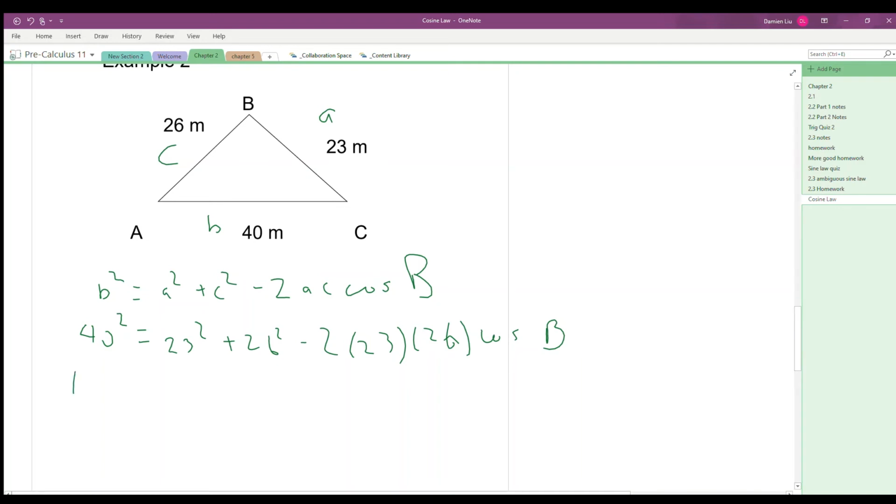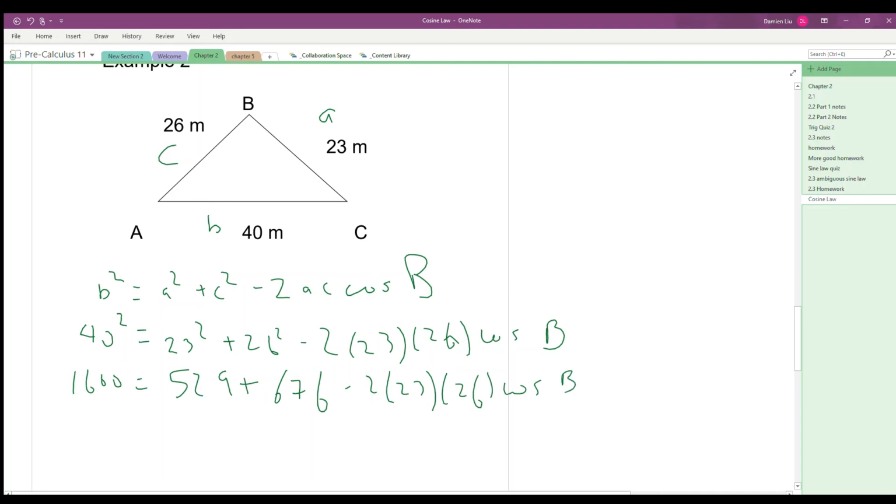So 40 squared is 1600. 23 squared is 529. 26 squared is 676. Take away 2 times 23 times 26 cos B.